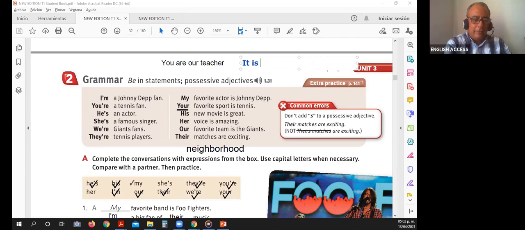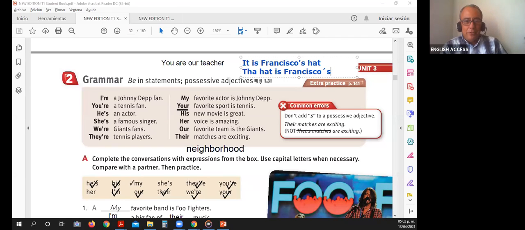It is Francisco's hat. The hat is Francisco's. And it's the same information.